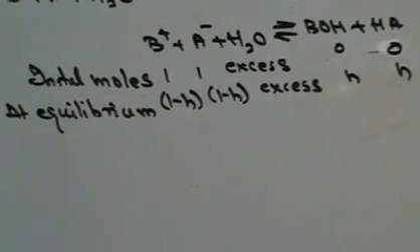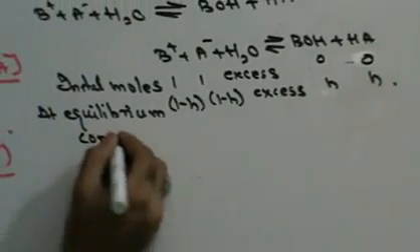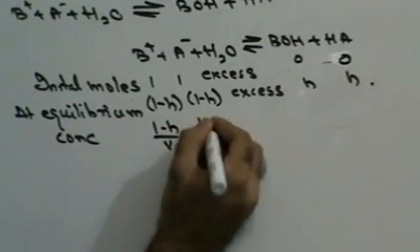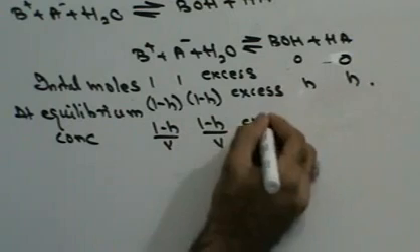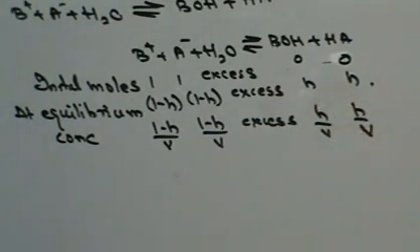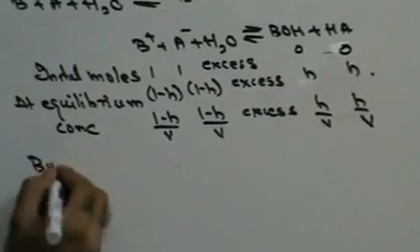So in that case, concentration is number of moles per unit volume. So 1 minus H by V, 1 minus H by V, water in excess quantity, H by V and H by V. Now apply law of mass action.